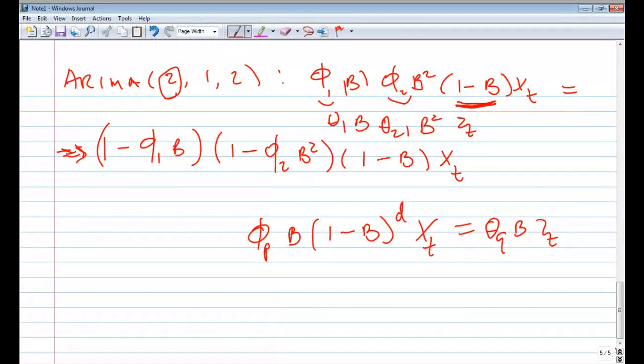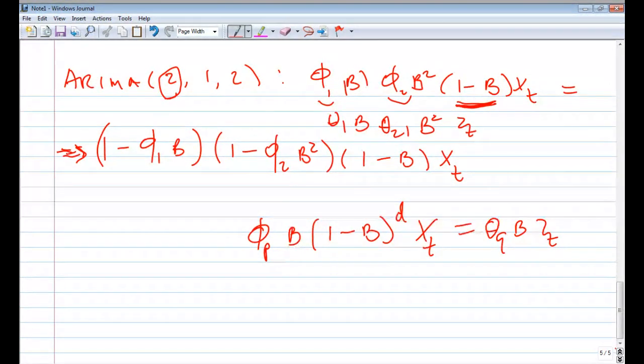Before you explain, I wanna know whatever you wrote there: if it was ARIMA 3, then you would start the whole equation with phi 1 b to the power of 1.